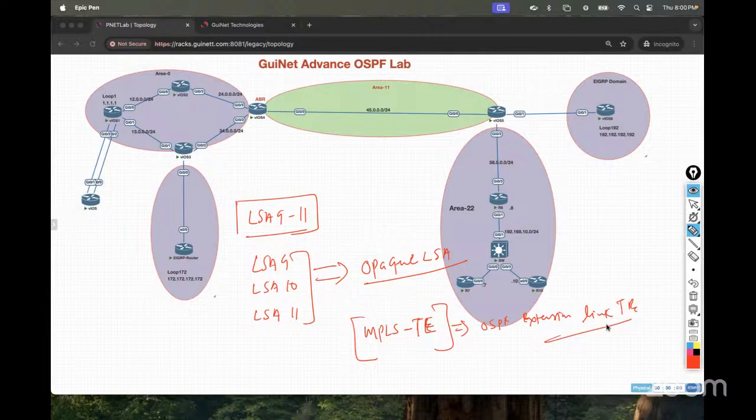It is not very often deployed. It's a very special, rare use case, and when you have a very specific requirement, then you are going to use this. Or I can say it is a very advanced thing, if you want to do it in your specific design for your MPLS traffic engineering network, then you are going to use LSA 9. All right, so this is all about the LSAs.